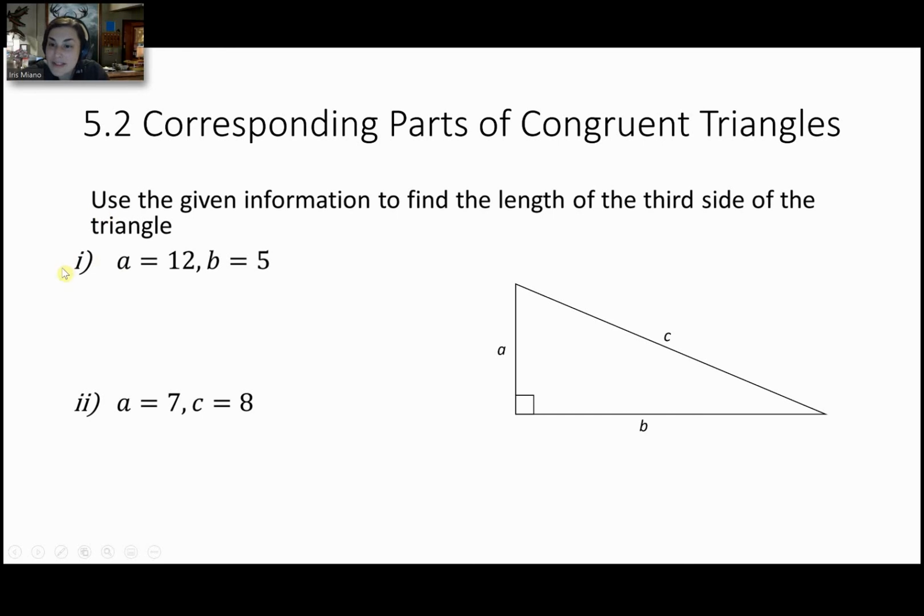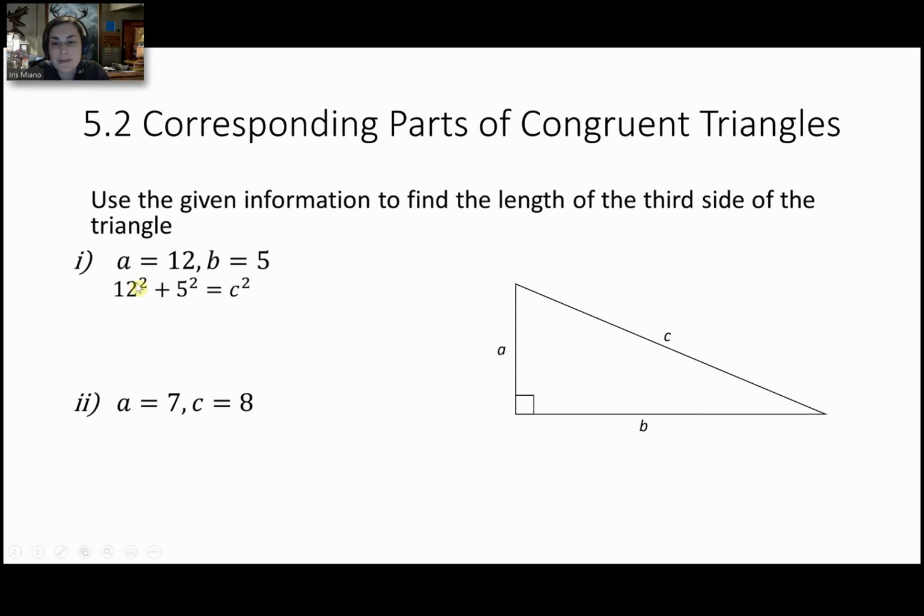For the first example here, we have legs a and b having units of 12 and 5 respectively. So that means we're going to make a point to put them in the a and b positions of the formula correctly, right?